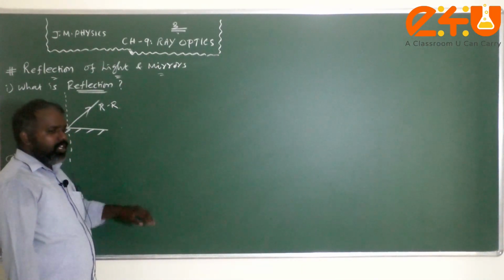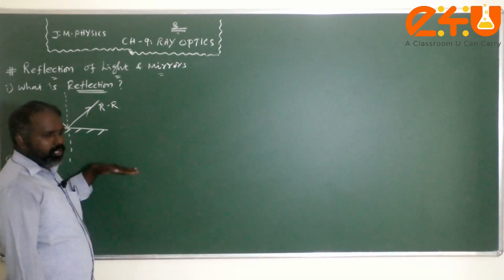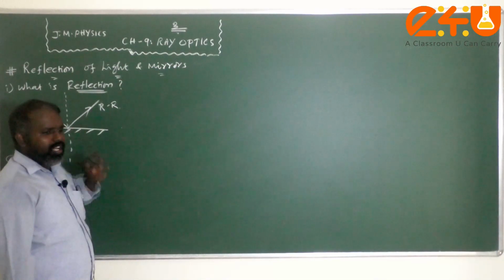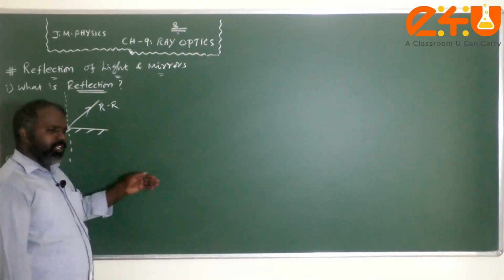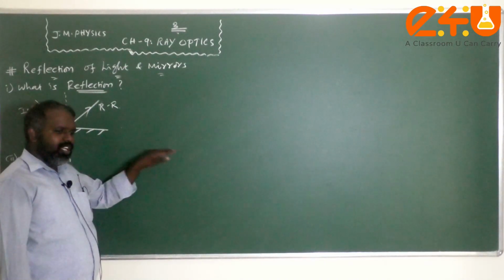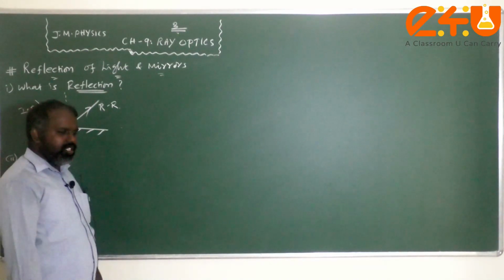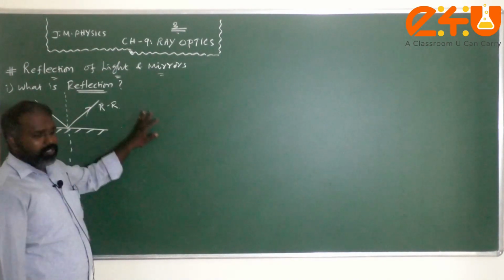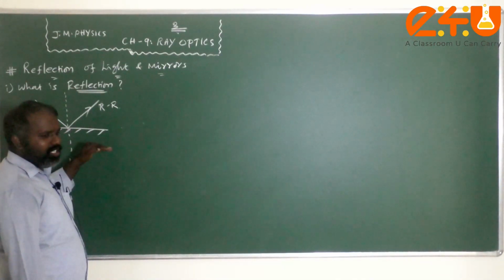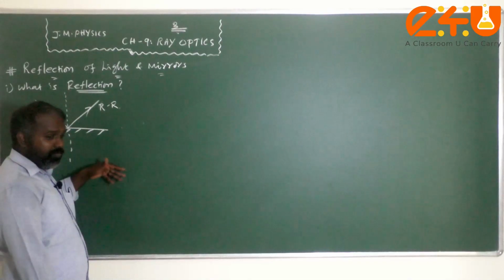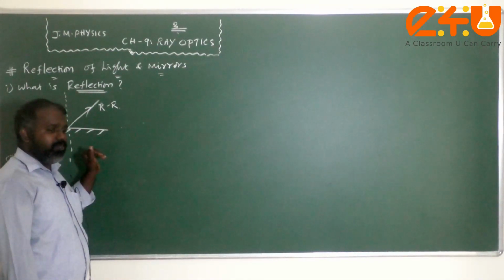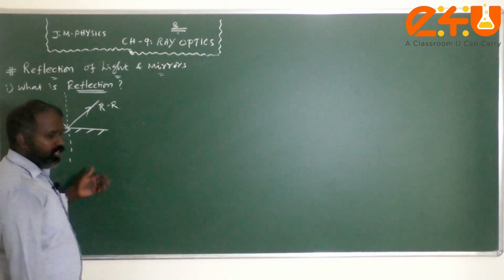On that basic assumption only we are discussing all the phenomena in ray optics. But in wave optics, the light is not considered to be a straight line, it is considered to be a wave. That we will consider later. But here all the ray optics phenomena are based on our assumption of rectilinear propagation of light rays. So that is the basic thing.